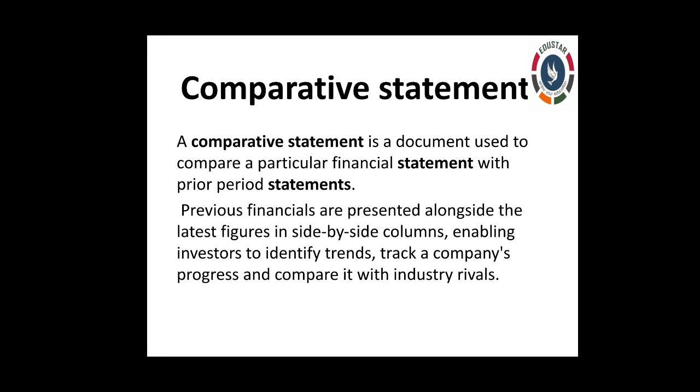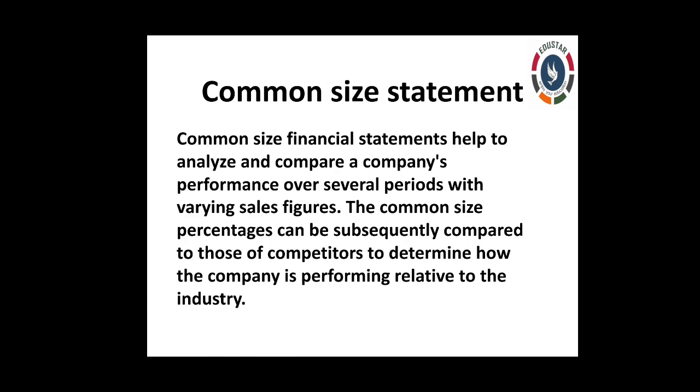The comparative figures indicate the trend and direction of financial position and operating result. So this is also known as horizontal analysis. And vertical analysis, that is the common size statement. A common size statement is otherwise called vertical analysis.